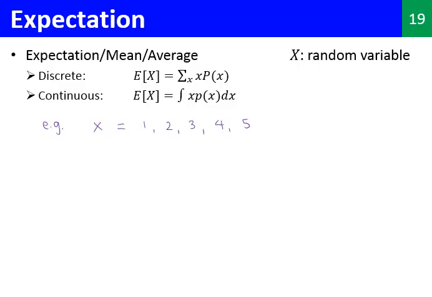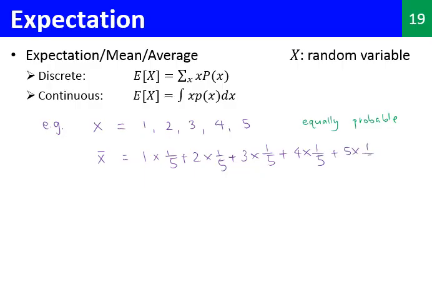Let's also assume that all these are equally probable. Okay, then the expectation is going to be 1 times 1 over 5 plus 2 times 1 over 5, 3 times 1 over 5, 4 times 1 over 5, and 5 times 1 over 5, which would give us 3.